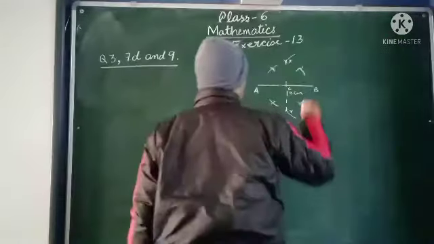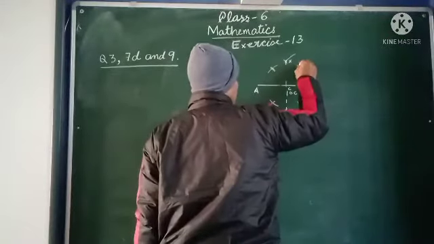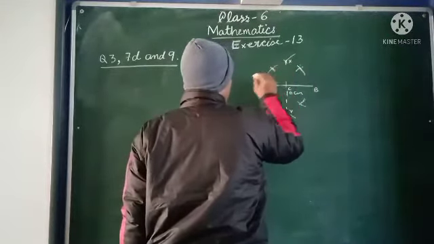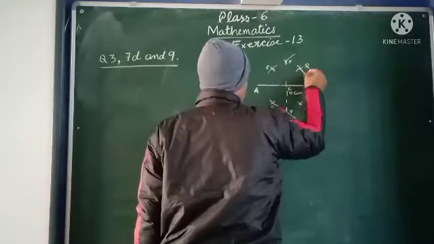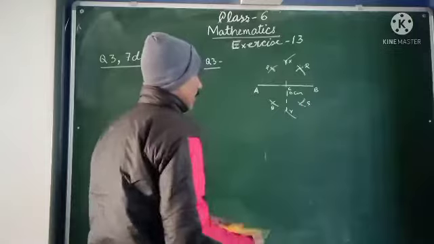You can see these arcs are also intersecting each other. You can mark them P, Q, R and S. Now joining these.